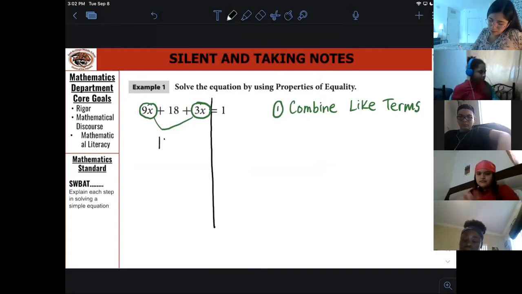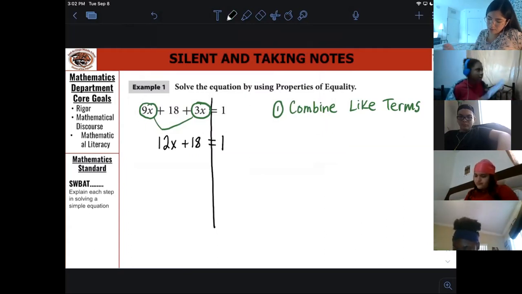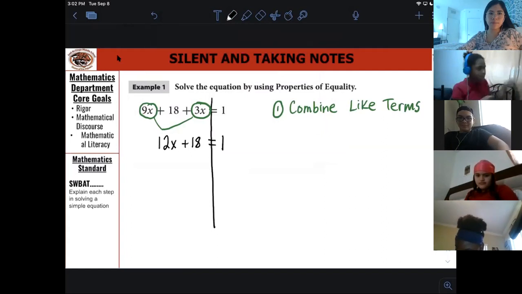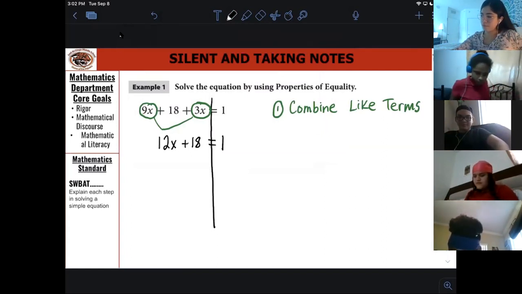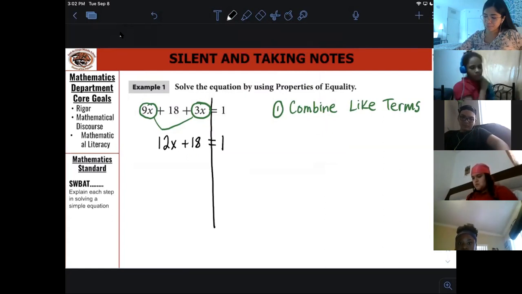So I have 12x. And everything else comes down. So I have 12x plus 18 equals 1. Combining like terms, very important.